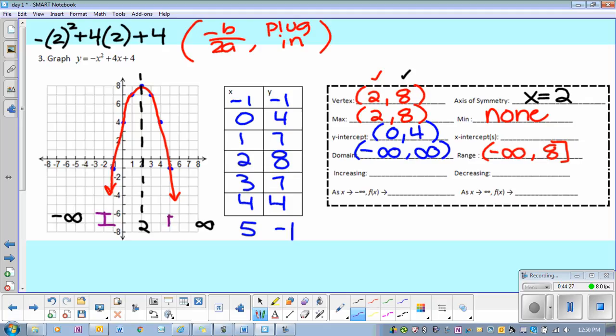It's decreasing. Does that make sense? All right, good. So let's go fill it in. Remember, this one has to be parentheses, right? No brackets here. Okay.